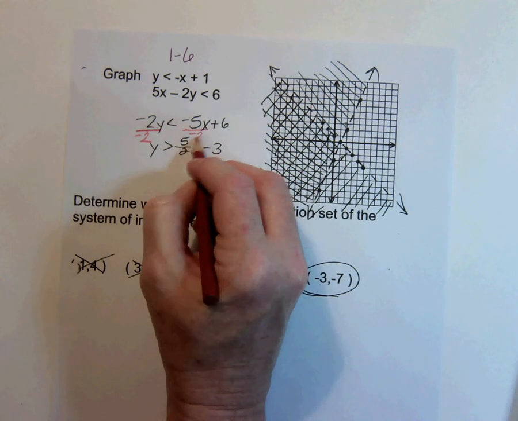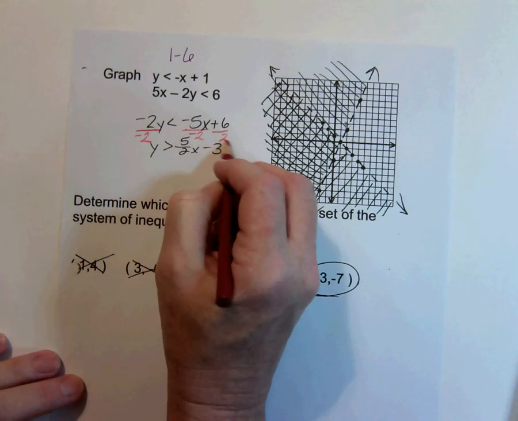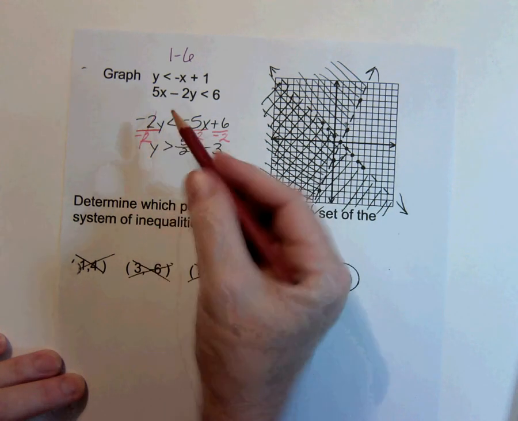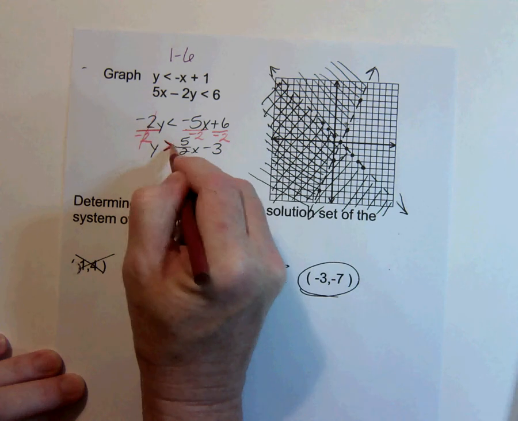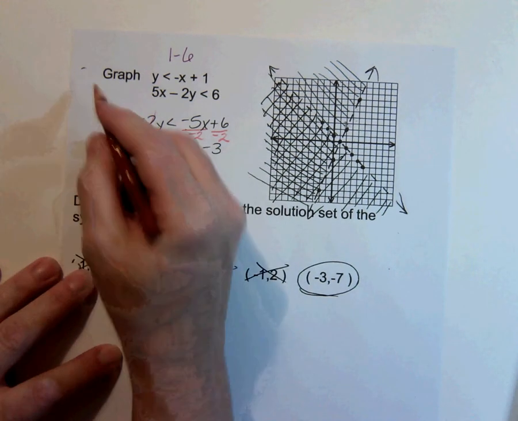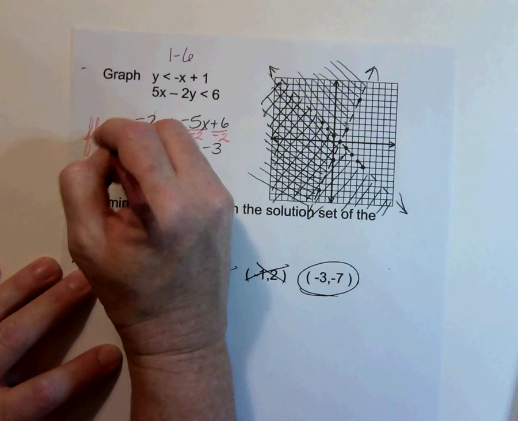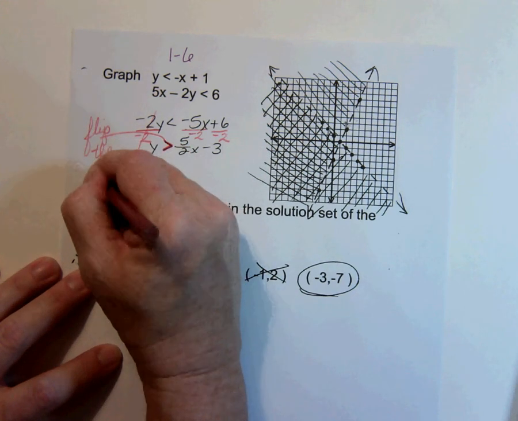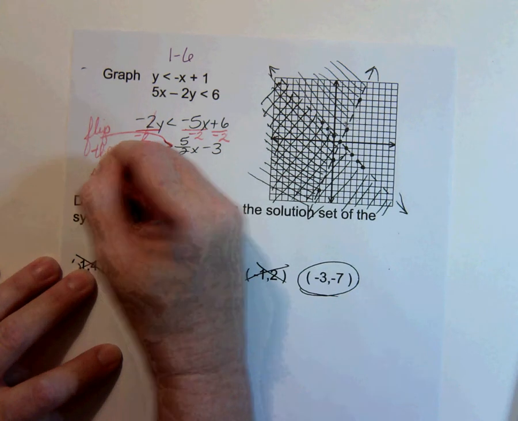If you divide by a -2, then this goes away, but what happened here? This had to flip. This is a common mistake, so make sure you write out here something about remembering to flip the sign. You want to remember that you got to flip the inequality sign.